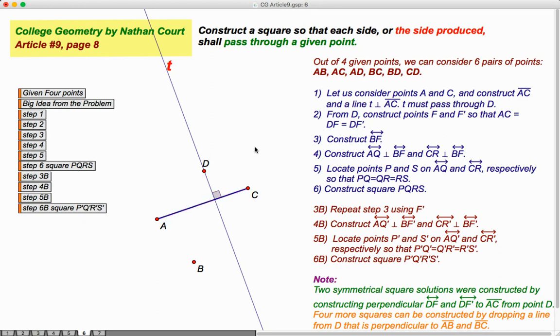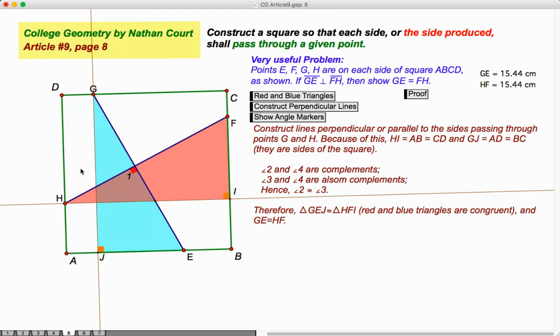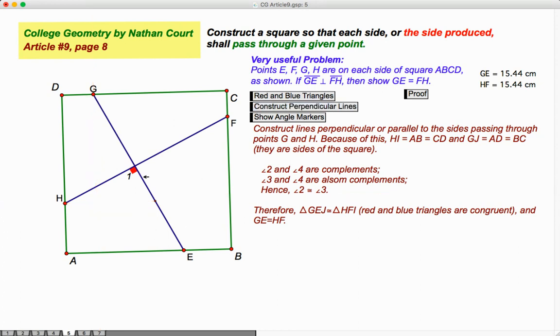Easy. Now, from point D, I would like to construct 2 points, F and F prime, so that DF is congruent to AC. Keep in mind, I want to imitate these two segments here that are perpendicular to each other.